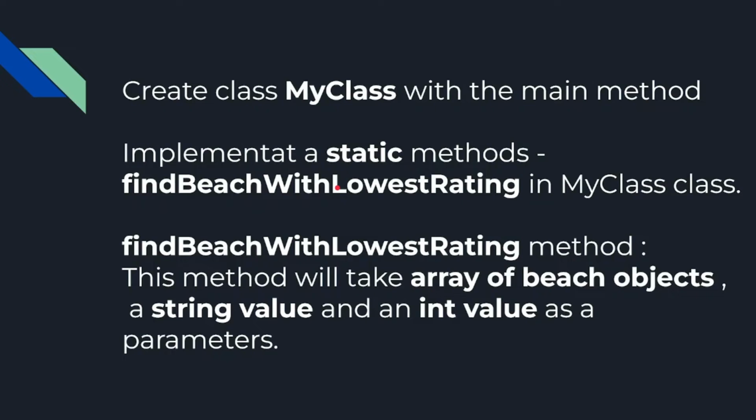In the question they have given: implement a static method, and the name of the method is find beach with the lowest rating, and this method should have 3 parameters: first parameter is array of beach objects, second parameter is a string value, and third parameter is an integer value.